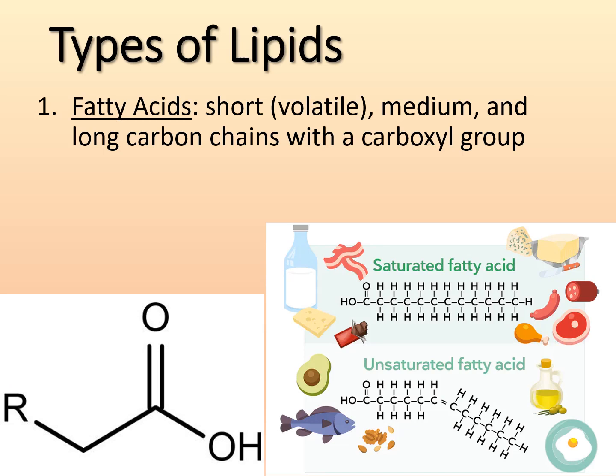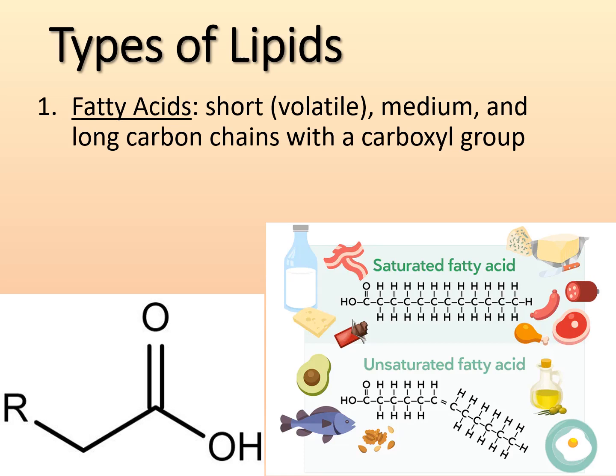So our first group are the fatty acids. So they can be short, medium, or long chain carbon chains. It just depends on how many carbons are in the chain, determines the length, right, of that fatty acid. So short, we also term volatile, and we talk about volatile fatty acids when we talk about our ruminant friends, because if we remember back, they use those volatile fatty acids as energy instead of glucose.